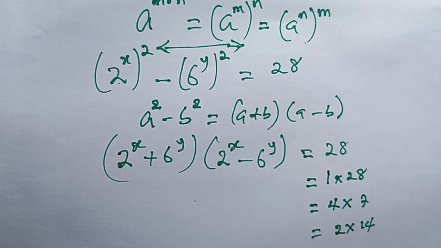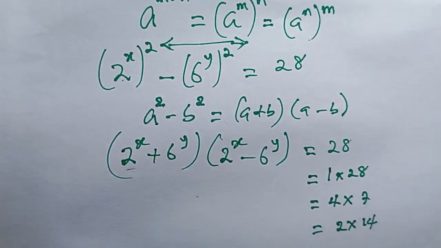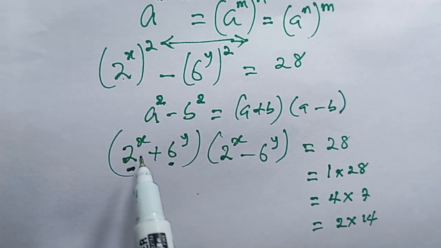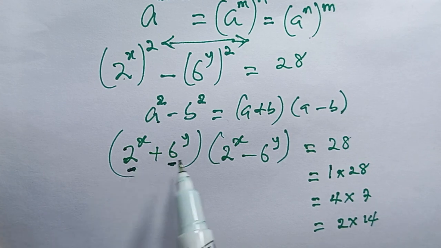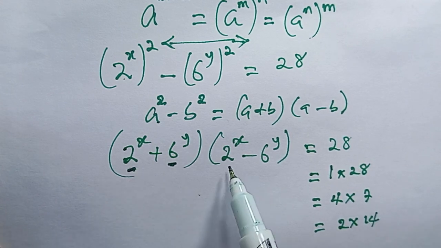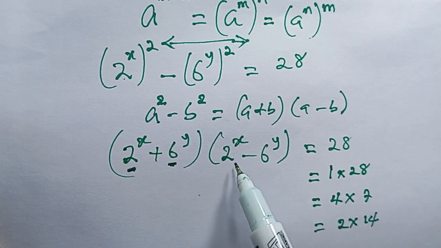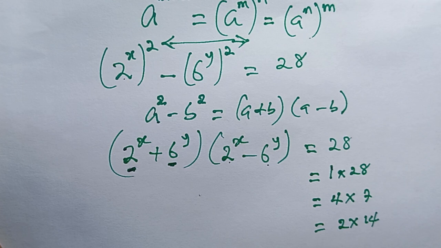And basically these are just the 3 ways you can actually write 28 as a product of 2 terms. When you look at these terms right here, you see that 2 power x is an even number, and also 6 power y is also an even number. So when you add 2 even numbers, it will also give you another even number. And same, this is an even number, and of course this term is also an even number. When you subtract 2 even numbers, it will also give you another even number.